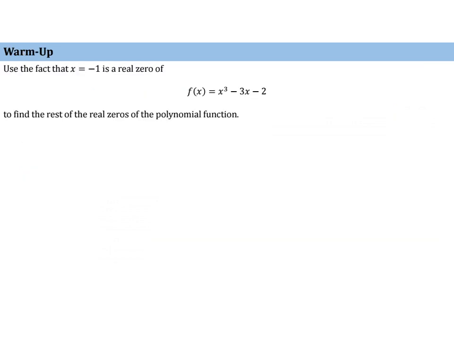Now, here's a warm-up. We know that negative 1 is a real zero. Can we find the rest of the real zeros of this? Well, we know that if x equals negative 1 is a real zero, then what's a factor?